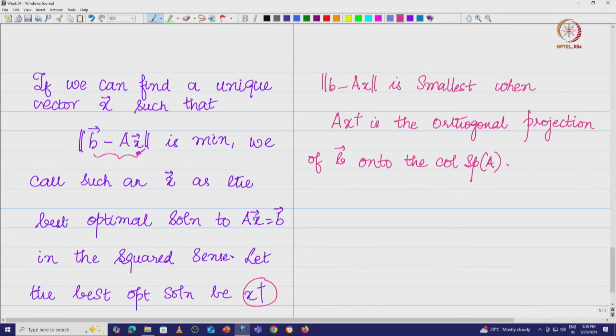Let me take this to be the column space of A, where all the vectors are of the form Ax, and this is my b vector. Now, you drop a perpendicular, and this vector is going to be my b hat vector, which is basically given by Ax dagger.